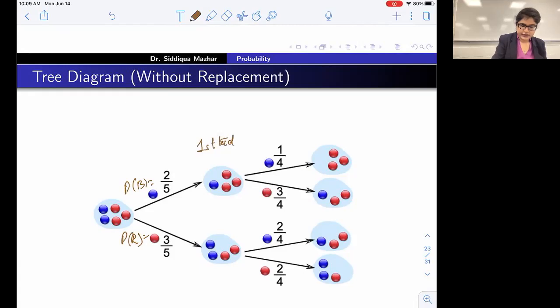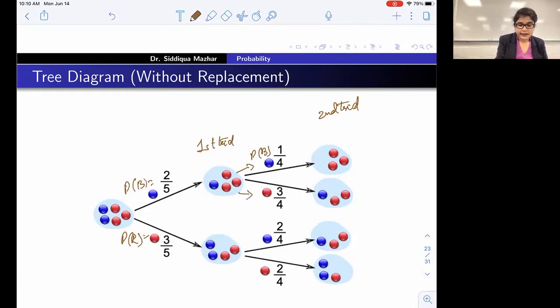In the second trial, if she's selecting blue, then the probability of finding blue is 1 by 4, because given that the probability of blue has already happened, this is why it is 1 by 4. Did you see how it is being affected, that it is 1 by 4, not 1 by 5, because blue has already happened without replacement.